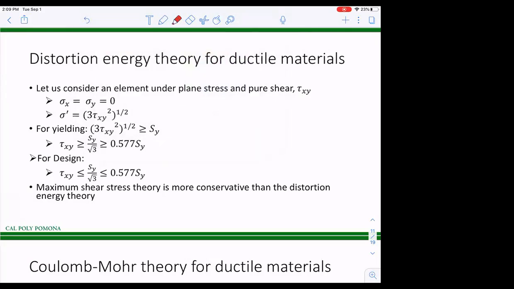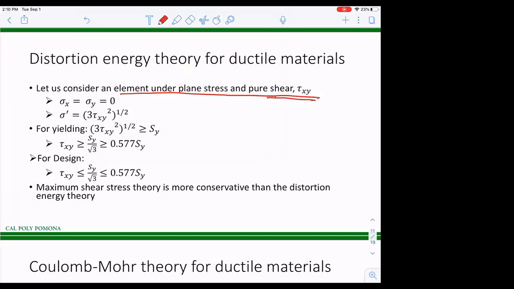All right, let's look at this. As I have mentioned, remember the maximum shear stress theory is more conservative. That's what I'm going to show here, that the maximum shear stress theory is more conservative than the distortion energy theory. For the purpose of showing that, an element is under plane stress condition and pure shear.